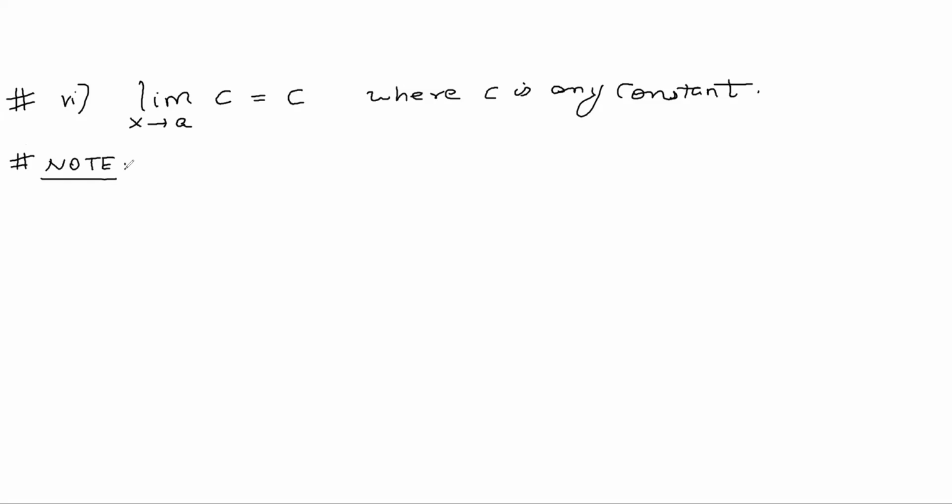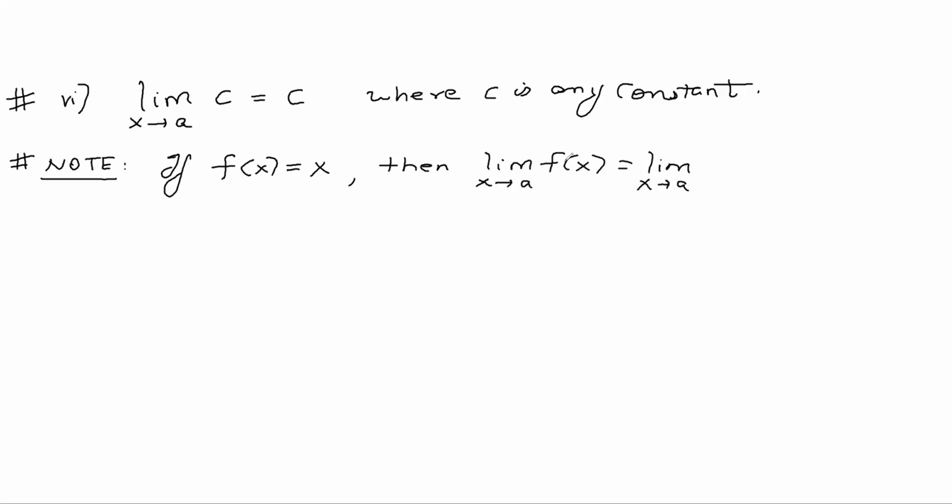Yes. Okay. So guys, if my function f of x is exactly equal to x, then limit as x tends to a, f of x will be limit as x tends to a of what? x. And limit as x tends to a, x will exactly be equal to a itself.